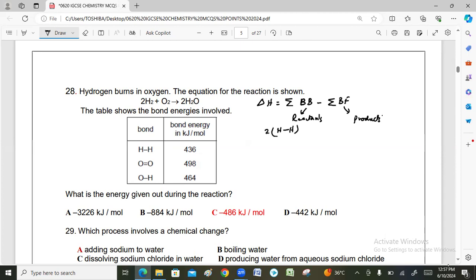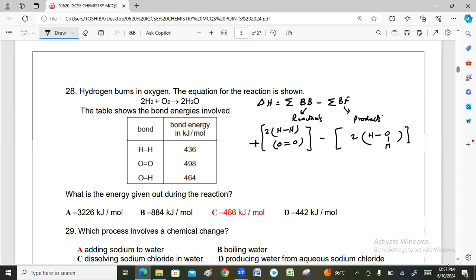So the bonds of the reactants are H–H bonds. So there are 2 moles. Then plus there is just 2 oxygen atoms joined through a double bond. So these are the bond energies which are required to break bonds. And then water, the structure of water is HOH, and you have the 2 coefficients there. But if you look at the H–O bond, there are 2 H–O bonds in H2O.